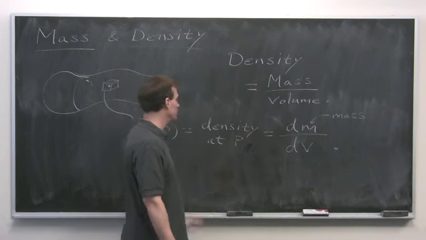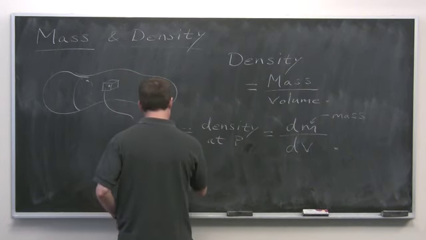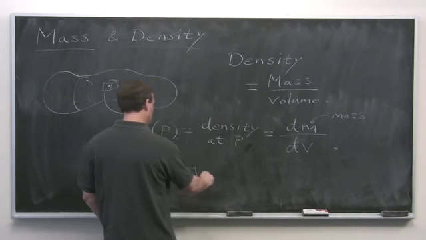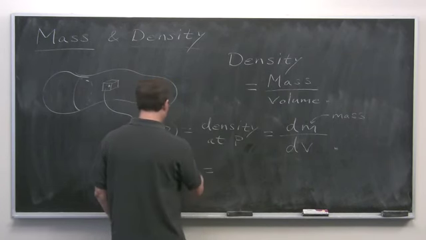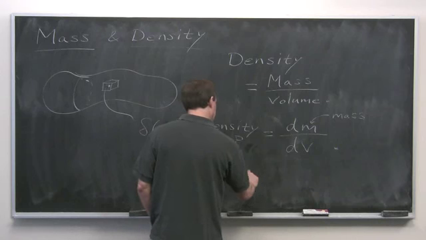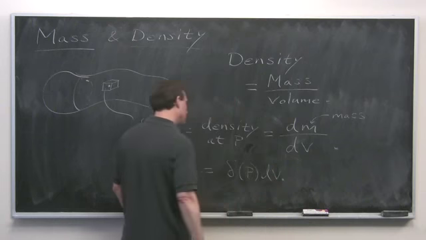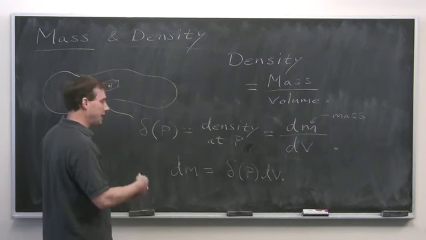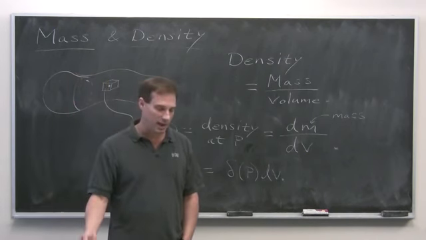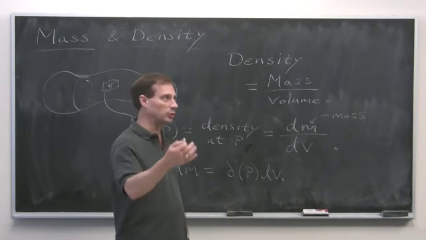If you write this in differential notation or think infinitesimally, this says that the infinitesimal amount of mass at a point P is the density times the infinitesimal volume.